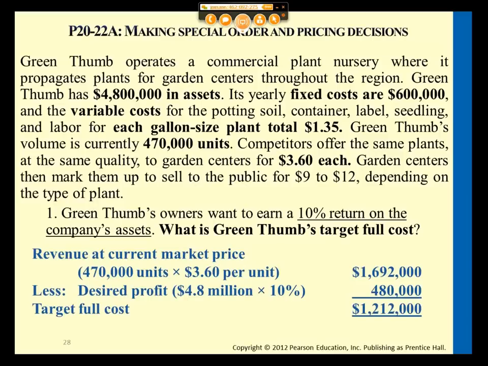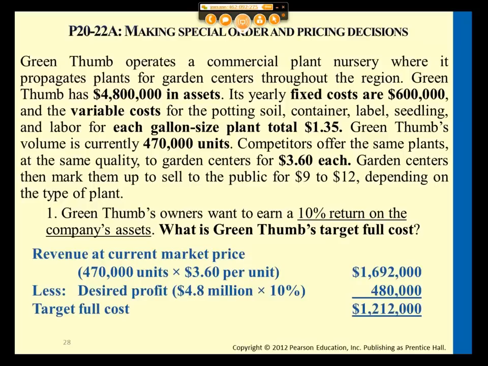So how do we find our revenue? We take 470 units, the current volume produced, and multiply by the market price, 3.6. That tells us the revenue at market price should be 1,692,000. Then we need to calculate desired profit.